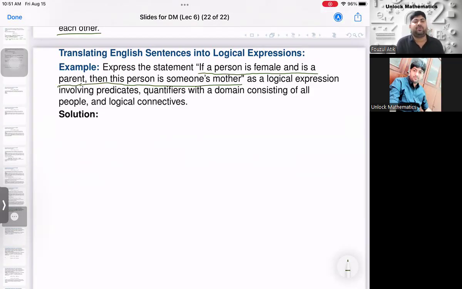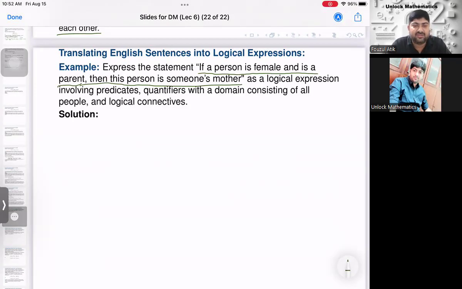You may involve whatever is needed, quantifiers, conditional statements, whatever you require. How do you do that? Your first job is to make some propositional functions. What do you need? If a person is female and is a parent, then this person is someone's mother.